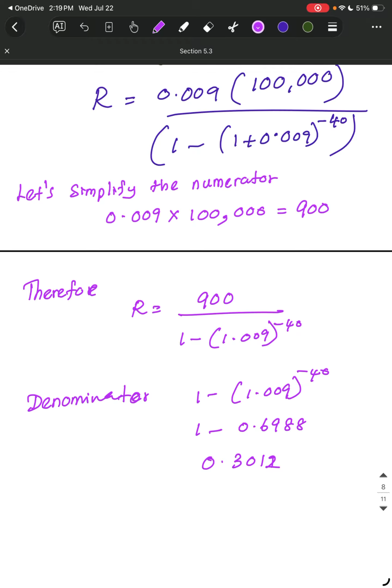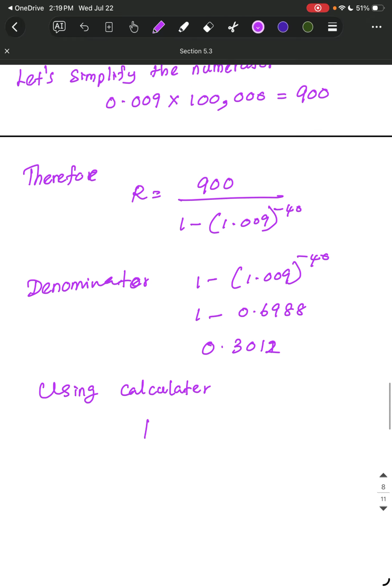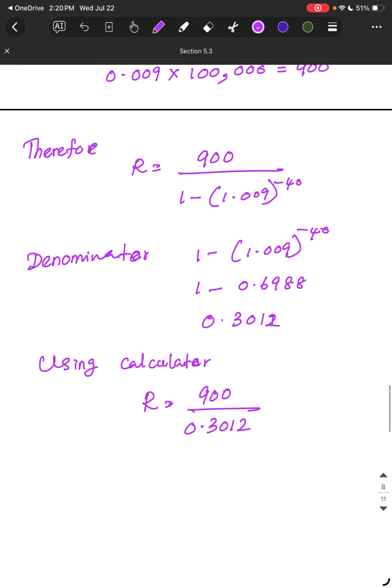Okay, then using the calculator again, R equals 900 over 0.3012. 900 over 0.3012 is 2,988 and 04 cents.